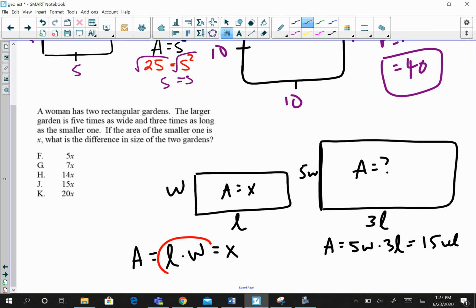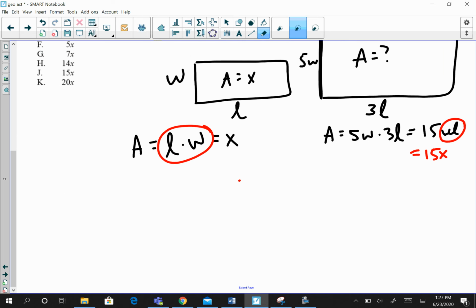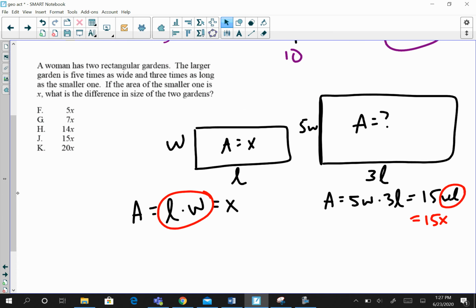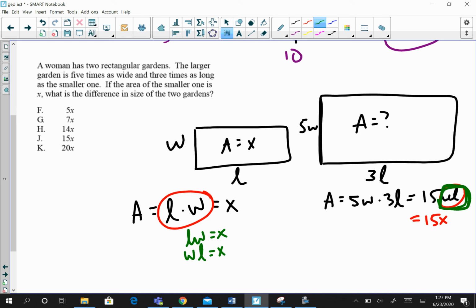I already know that WL or LW is equal to x, so this is 15x, just basic substitution there. I was given that the area is x, so length times width is x. I can make that substitution happen. There's a WL, plug it right in there.